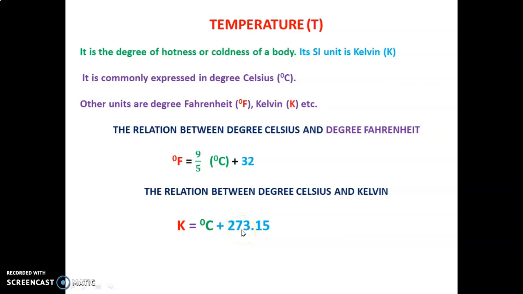That is, water melts at 273 Kelvin and water boils at 373 Kelvin. That's the relation between temperature in Kelvin and Celsius, and between temperature in degree Fahrenheit and degree Celsius.